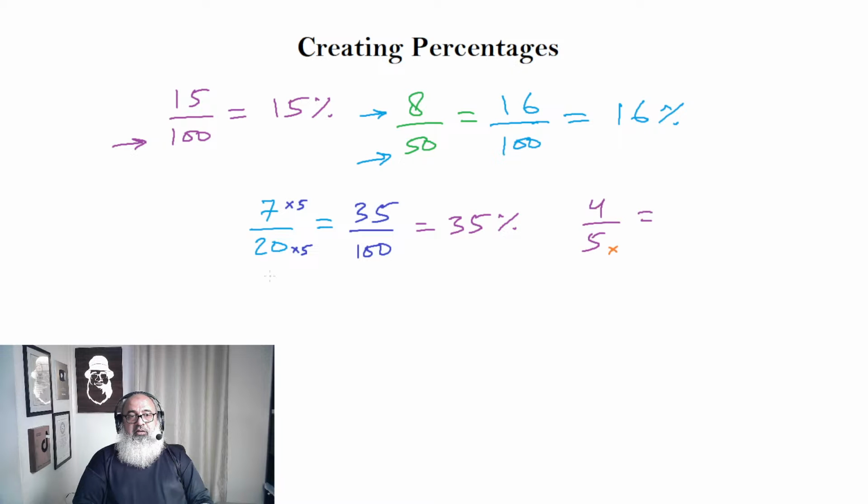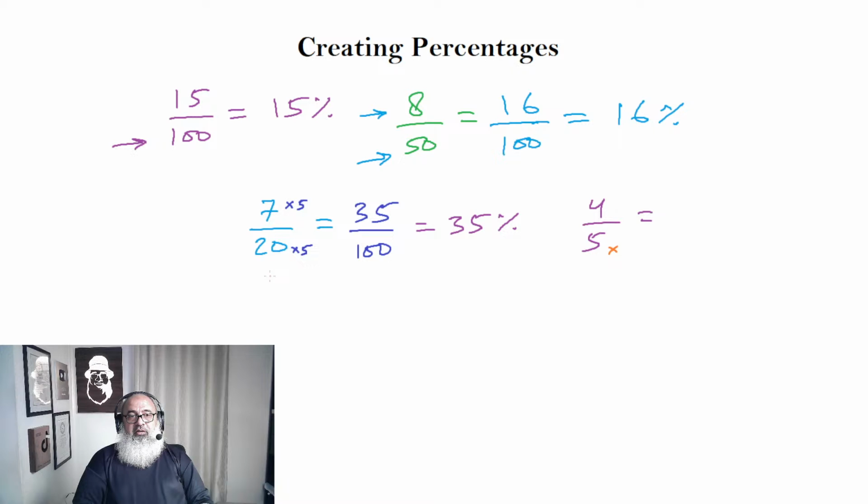So 5 times 20 will do, and times 20 here we have to do also. So here we have 100 as the denominator, and 4 times 20 is 80. 80 over 100 means 80%. So that's our answer for 4 over 5. 4 over 5 is 80%.